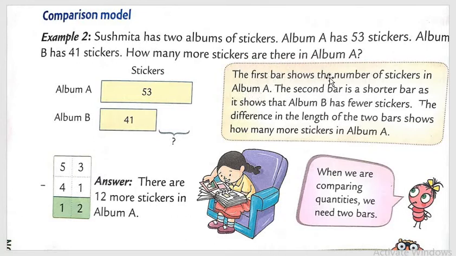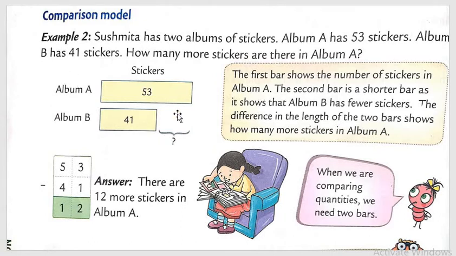The first bar shows the number of stickers in album A. Then the second bar is a shorter bar that shows album B has fewer stickers. The difference in the length of the 2 bars shows how many more stickers in album A. We draw the 2 bar models, album A for model 1 and album B for model 2.